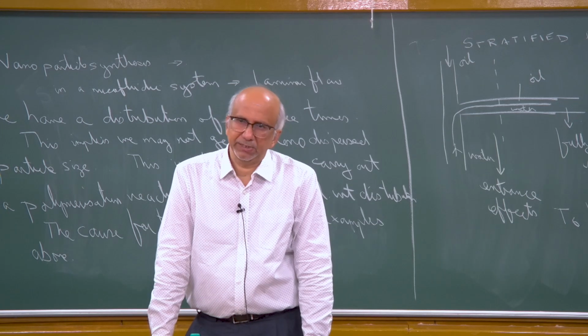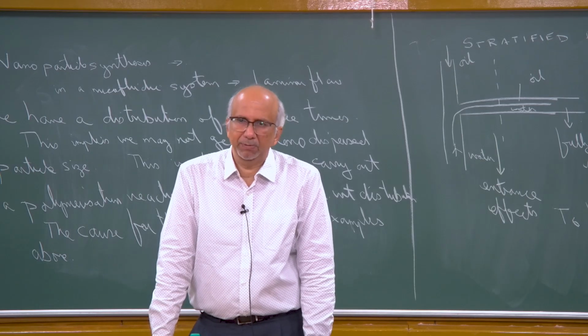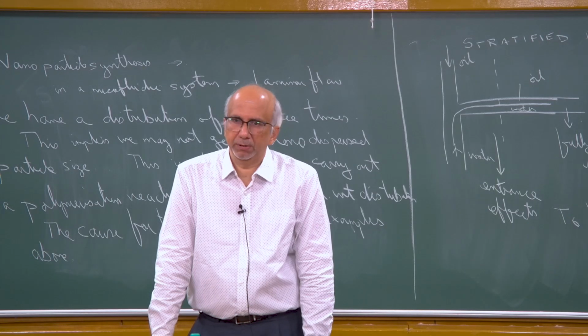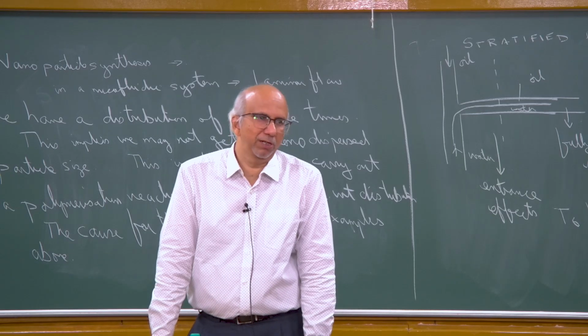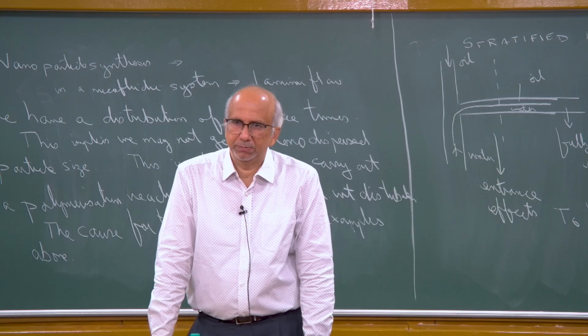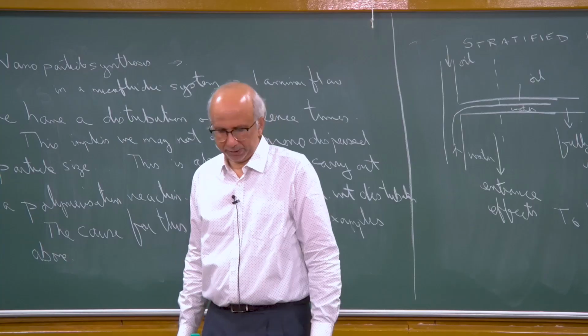Then you can change the assumptions and rework the problem. For example, I am assuming that the fully developed region is dominant. Maybe you have some system where the entrance region is dominant, and the fully developed region is not. Then you have to come back and use CFD, and the analytical solution that I am giving is useless. So, please understand physically what is happening, and that will help you interpret your results properly.